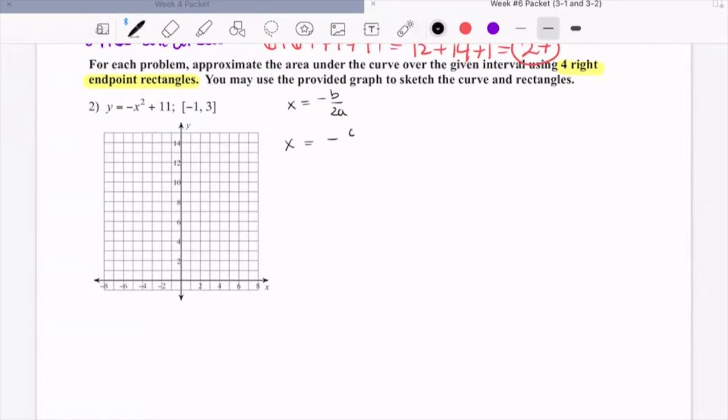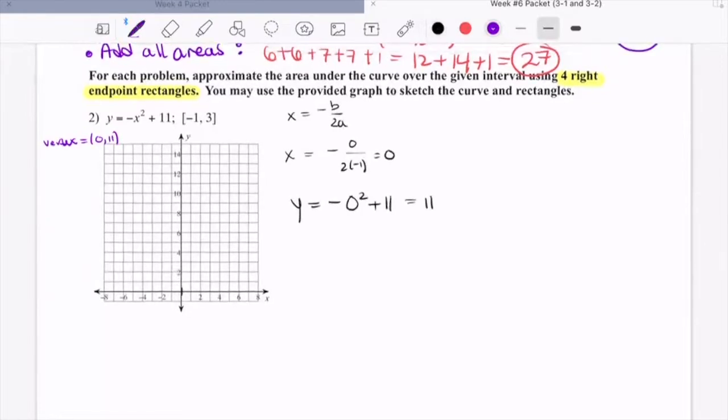So we would just have negative 0 over 2 times negative 1, which is just 0. So the vertex itself has an x input value of 0. So then the output value, or the y coordinate of that vertex, would be negative 0 squared plus 11. So that would just be 11. So our vertex here is equal to (0, 11). So let's go ahead and plot that. So we find 0, up 11.